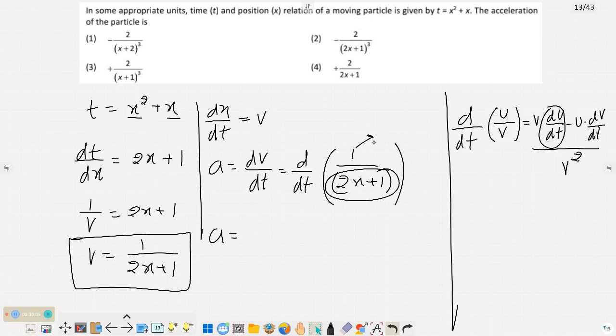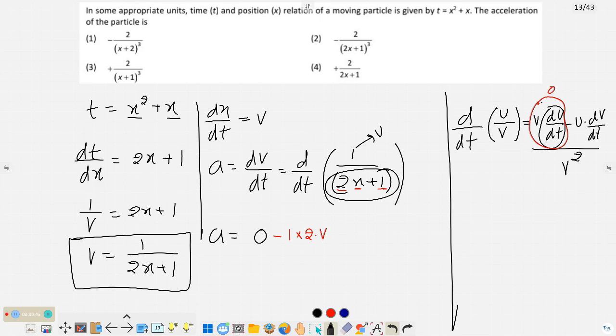The u value is 1, and the differentiation of 1 becomes 0, so the first term becomes 0. Then the second term has a minus, so minus u, which is 1, into dv by dt, the differentiation of 2x plus 1. 2 is a constant, x differentiated with respect to time gives velocity, and 1 is a constant with no differentiation.